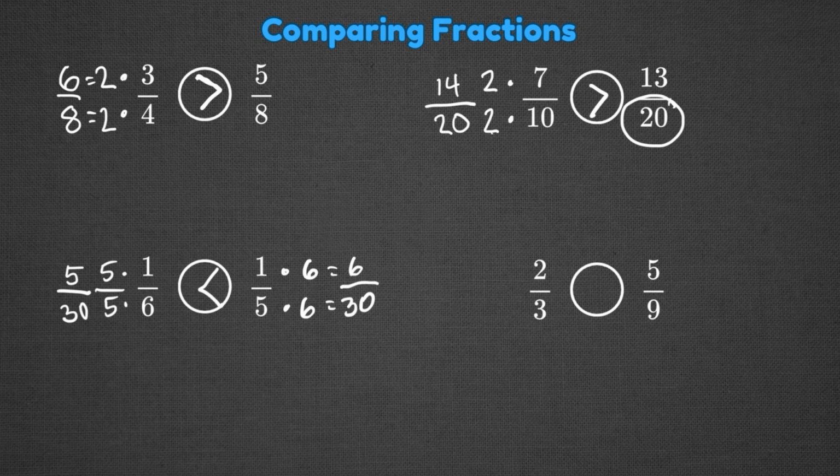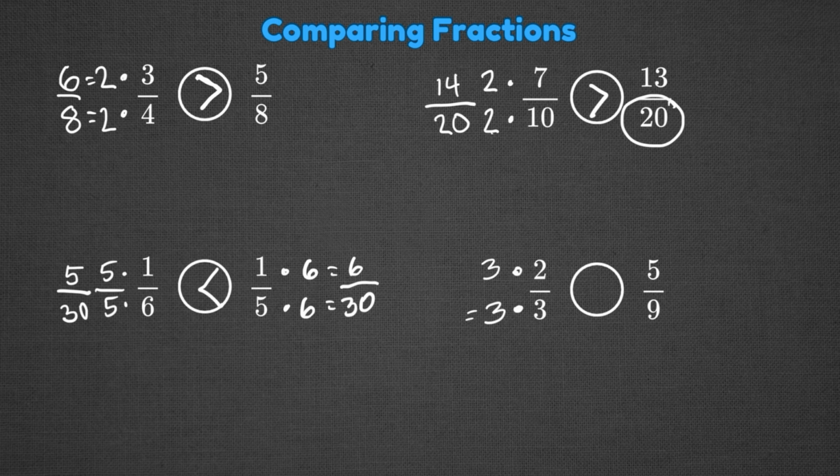And last but not least, I have 2/3 has some kind of relationship with 5/9. Well, ninths are already a multiple of 3, so I get to leave that alone on that side. But on this side, you know what I'm going to do. I'm going to multiply the 3 by 3, but if I do it on the bottom, I must make the top 3 times bigger as well.